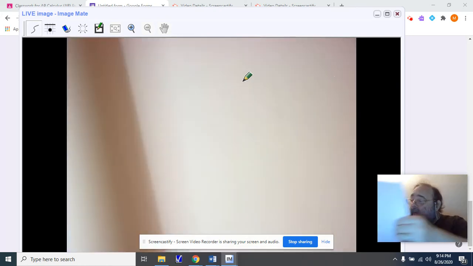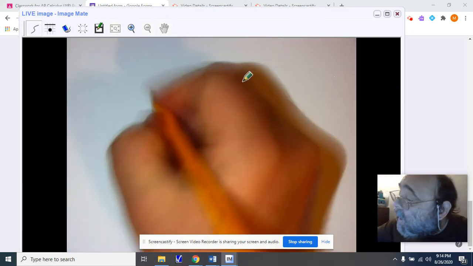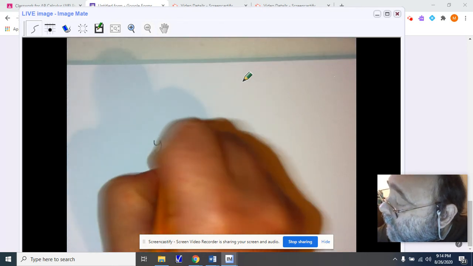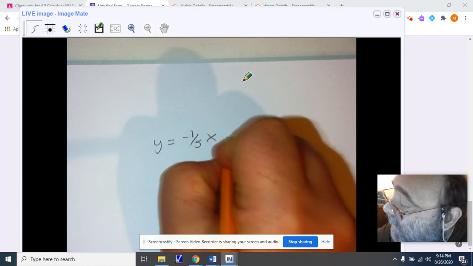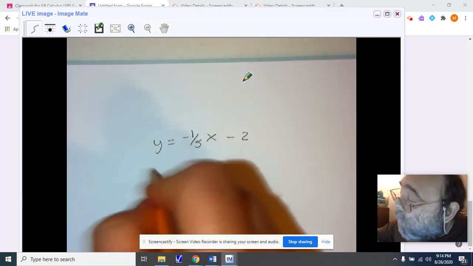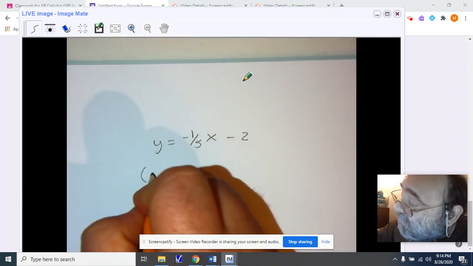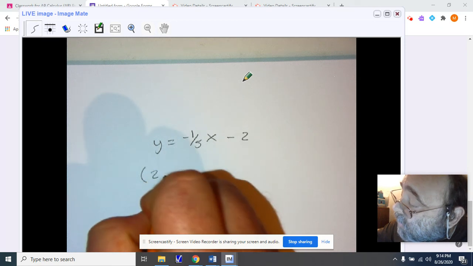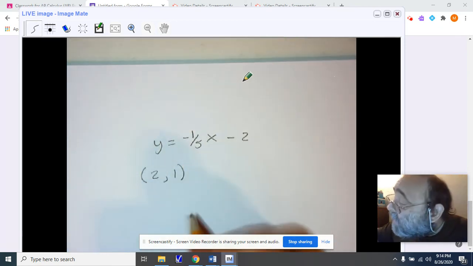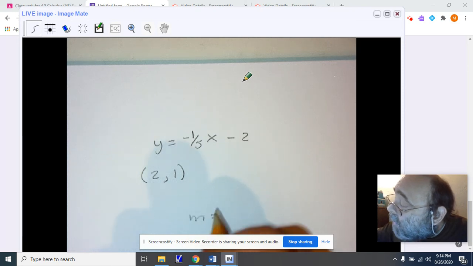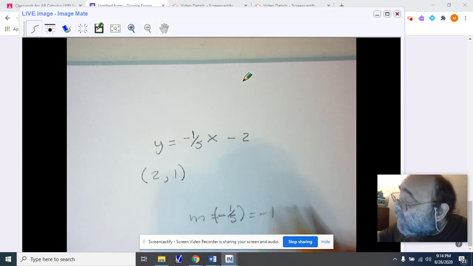Let's now take a look at another line, and let's say we are looking at the line y equals -1/5 x minus 2, and we want it to go through the point, I don't know, let's go 2, 1. So the first thing we have to do is recognize that the slope that we want multiplied by -1/5 is going to equal -1.